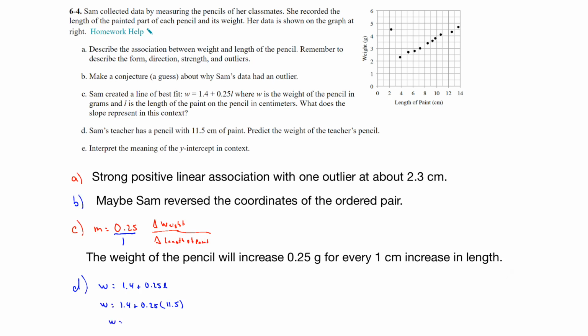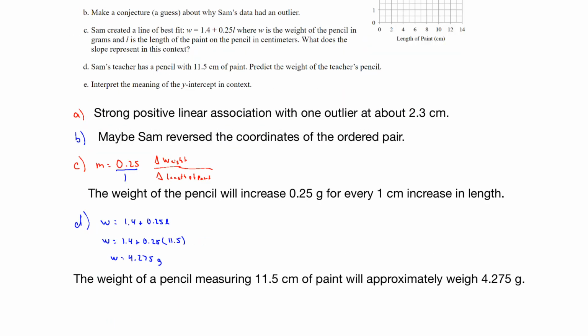So if you plug that in your calculator, what do we get? 4.275. So once again, if we want to predict the weight of the teacher's pencil, we're going to predict 4.275 grams. And so once again, make sure you answer that question, not just leave it in that equation form. And it looks like we have one more left to answer.